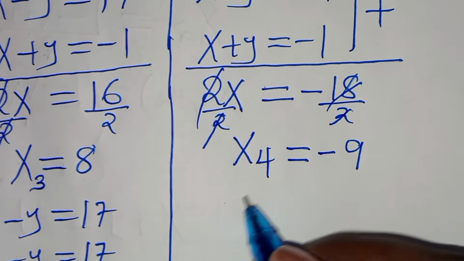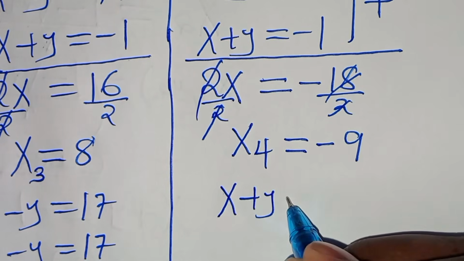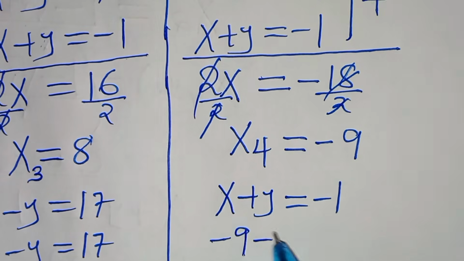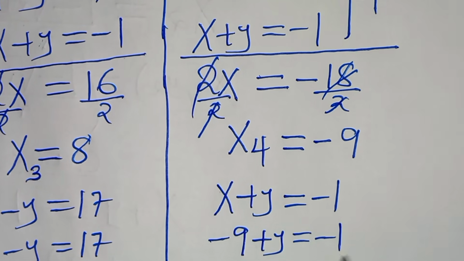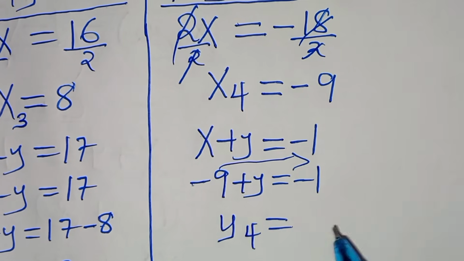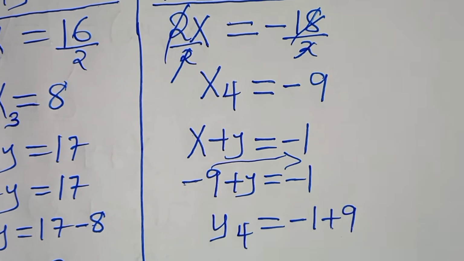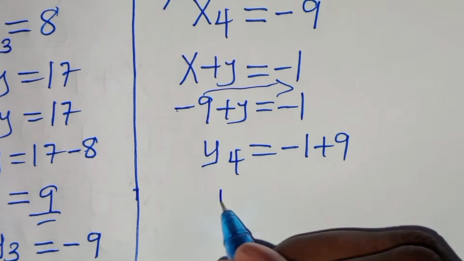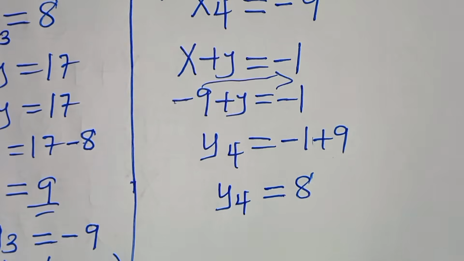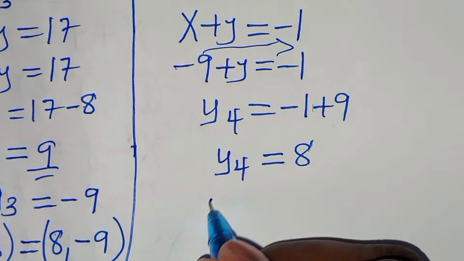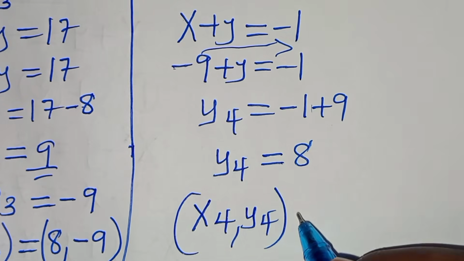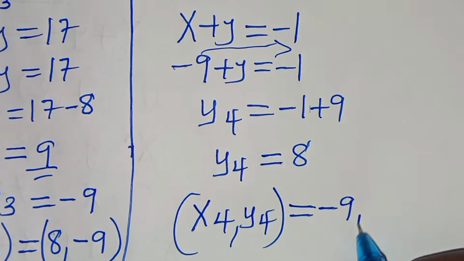So that now we have x plus y is equal to minus 1. X is minus 9, so we have minus 9 plus y is equal to minus 1. Let's take minus 9 to the right hand side so that y4 is equal to minus 1 plus 9, which is 8. So we have the fourth set of solution here, x4, y4 is equal to minus 9, 8.